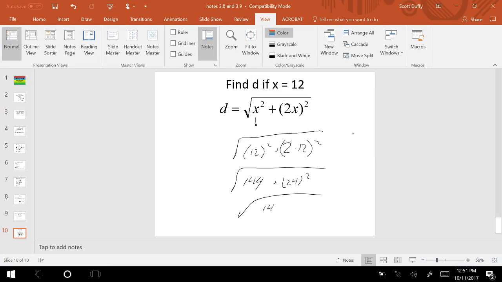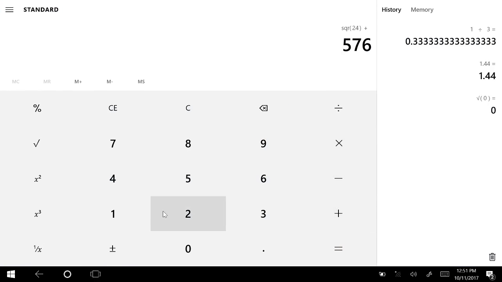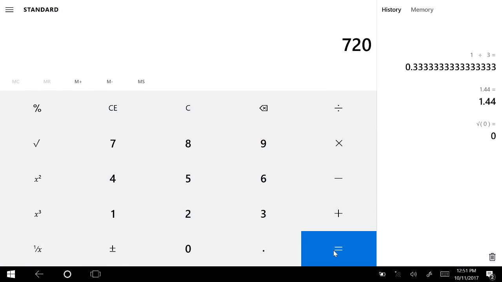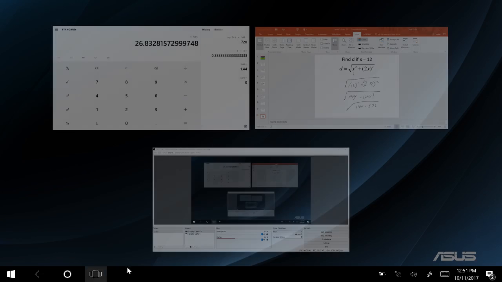So we have 144 plus 576. I'll see what that equals and take the square root of it. The square root of that is 26.83.